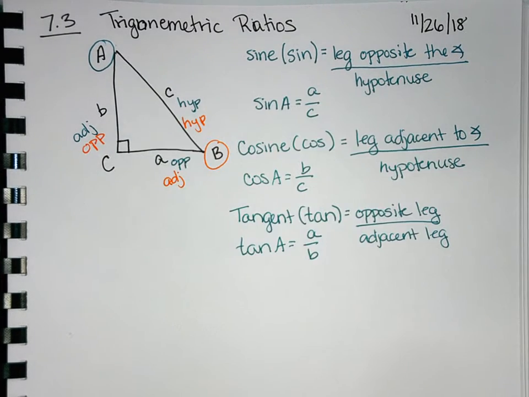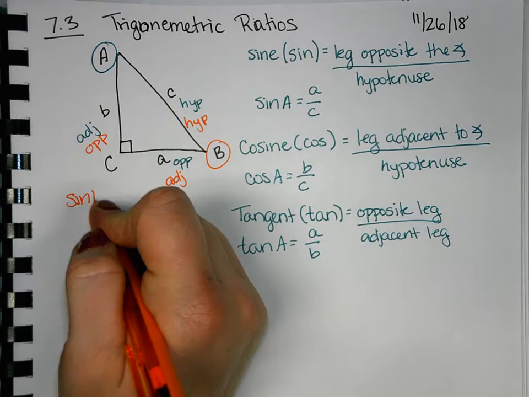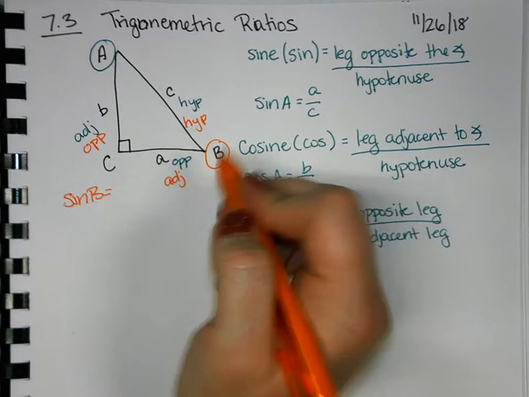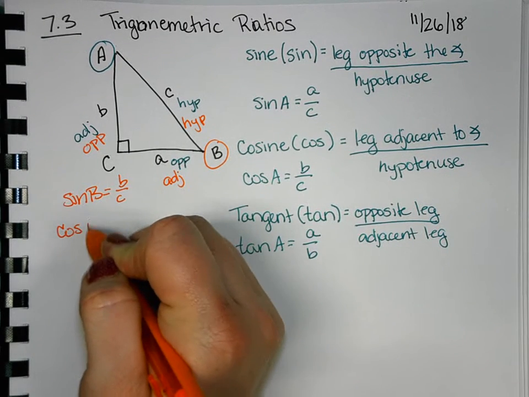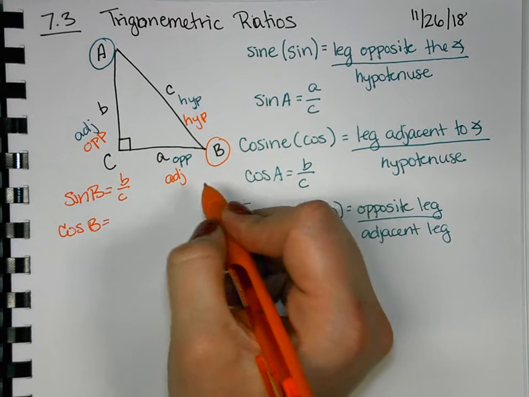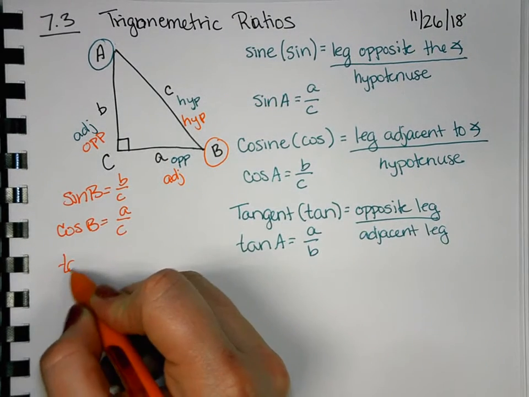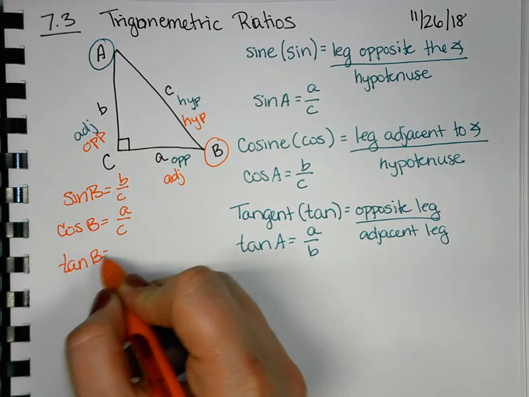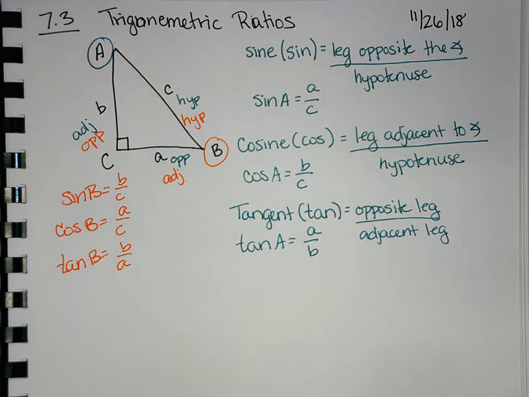No. So if we were to change our angle, sine of B would become B over C. Cosine of B would become A over C. And tangent of B would become B over A. So the numbers would go in different spots, but the ratio itself stays the same.